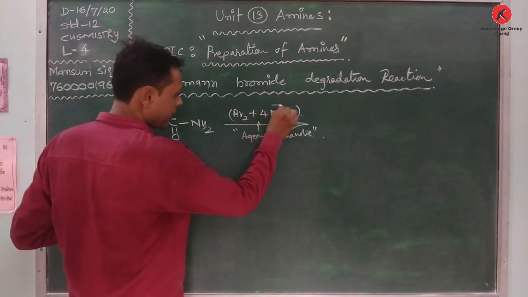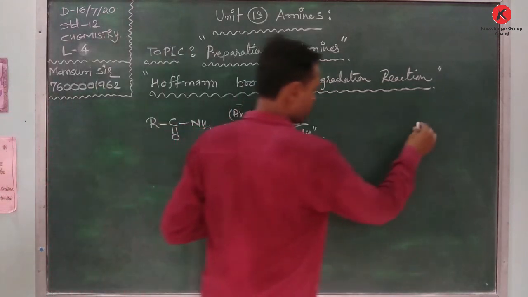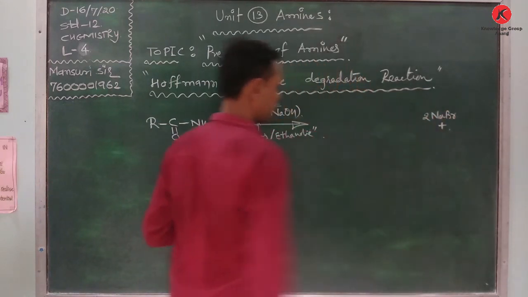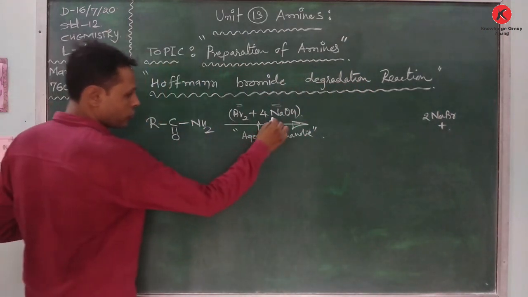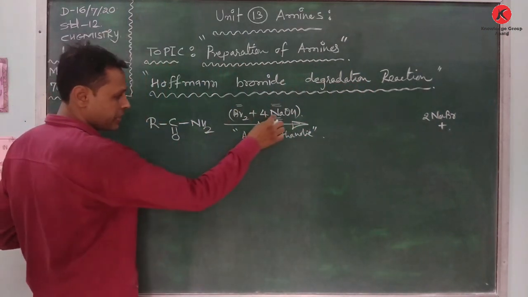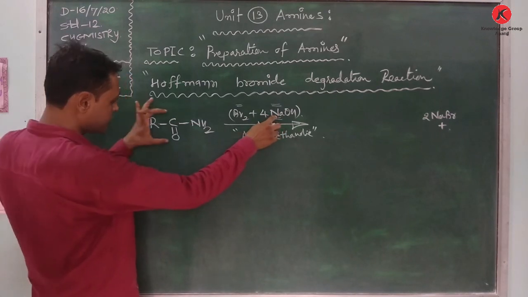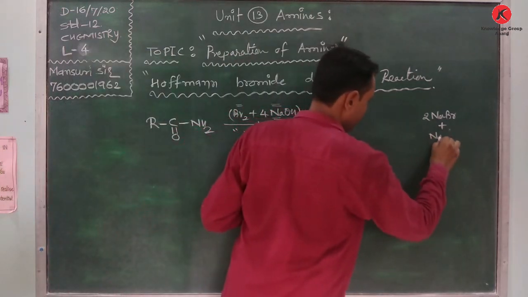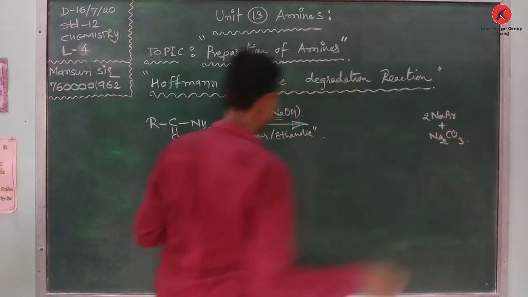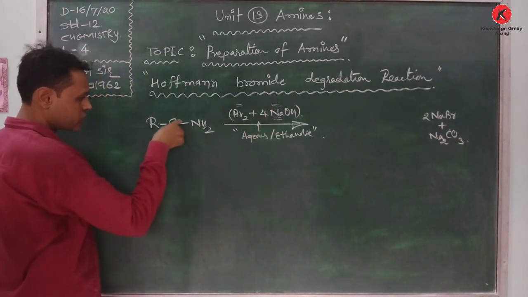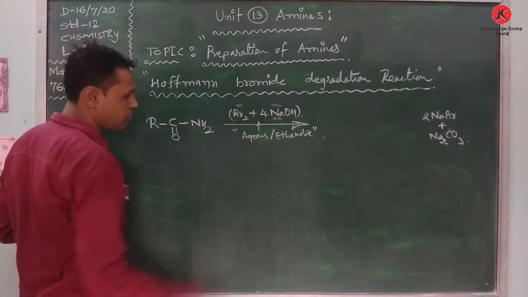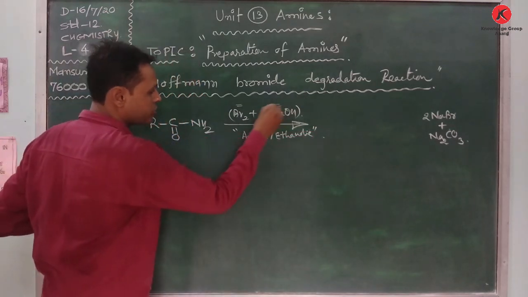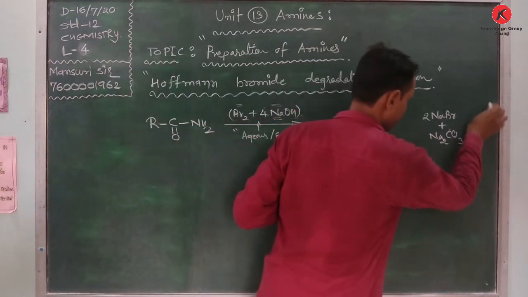Then 2Na and 2Br will be removed, so we get 2NaBr. The remaining 2Na reacts with CO and 2 oxygen, that is why Na2CO3 is formed, and the remaining 4 hydrogen will make water.